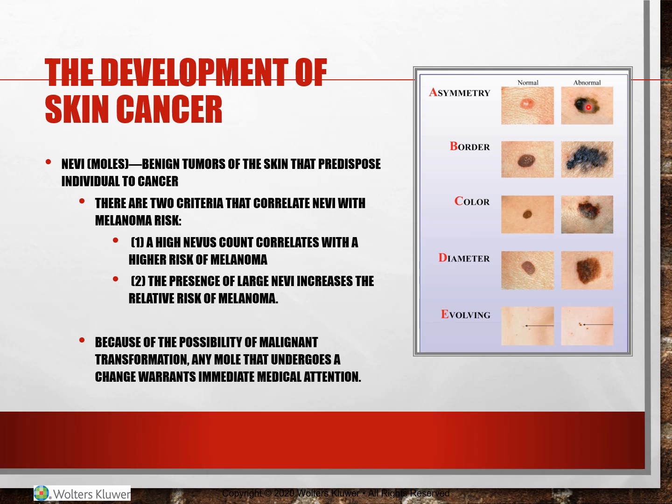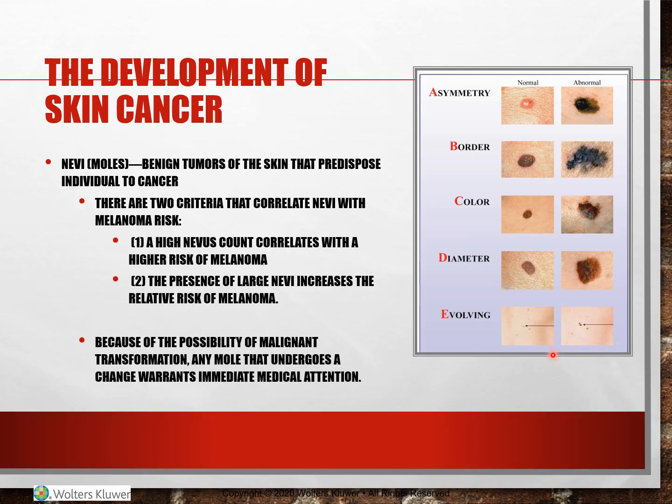We see that overall asymmetry. Also, if their borders change and become less distinctive, so here's a normal nevus as opposed to an abnormal or possibly melanoma nevus. If we see significant color changes, that's also a change that can be associated with melanoma. Or if the diameter changes, they grow, or if they start to overall evolve.